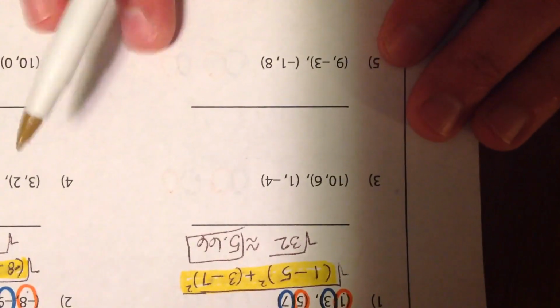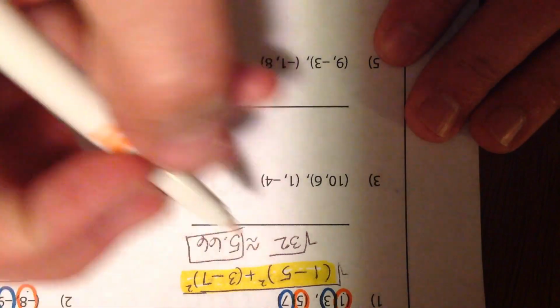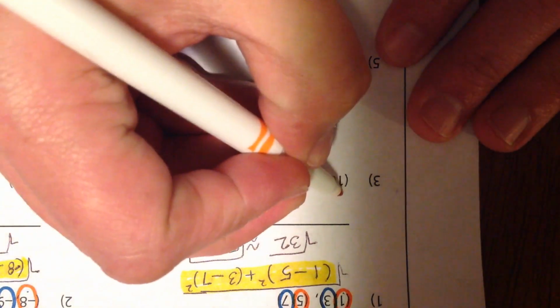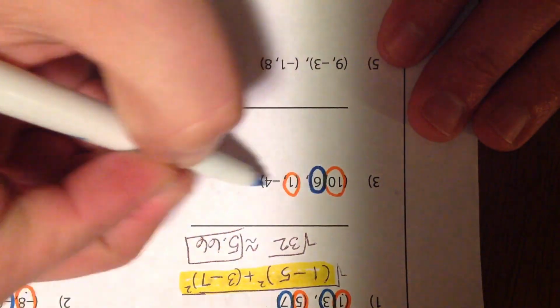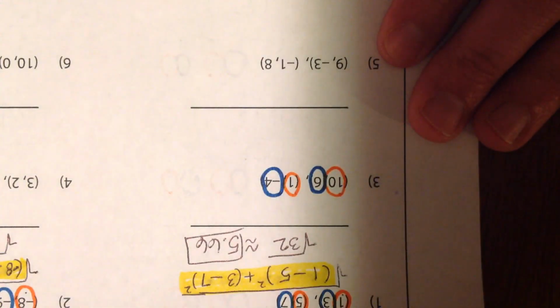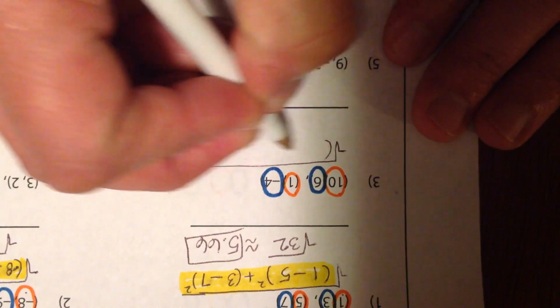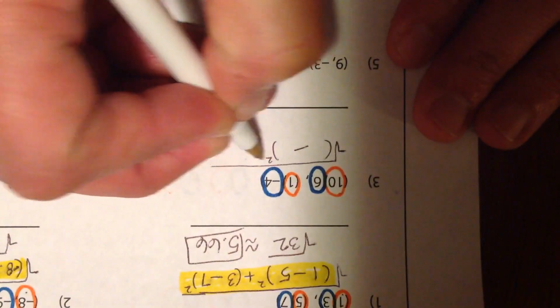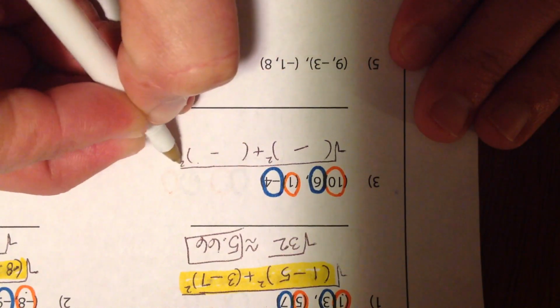Looking at my next example, I want to find the distance between the points (10, 6) and (1, -4). So my x's are 10 and 1, and my y's are 6 and negative 4. Plugging this into my formula, I have the square root of the difference of my x's squared plus the difference of my y's squared.